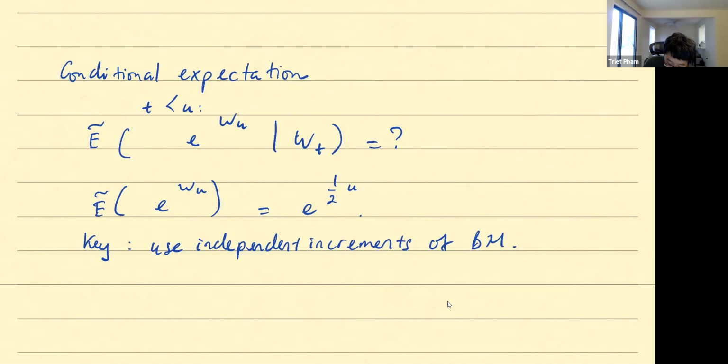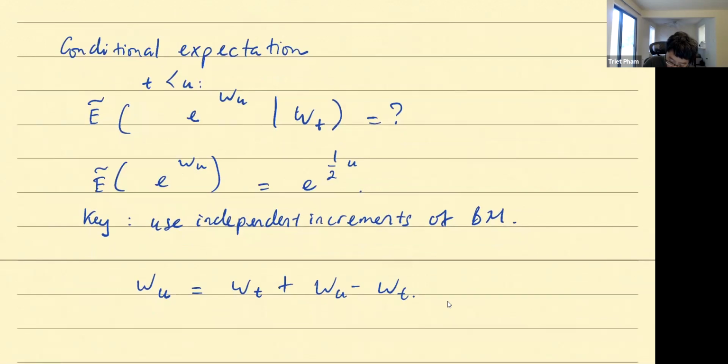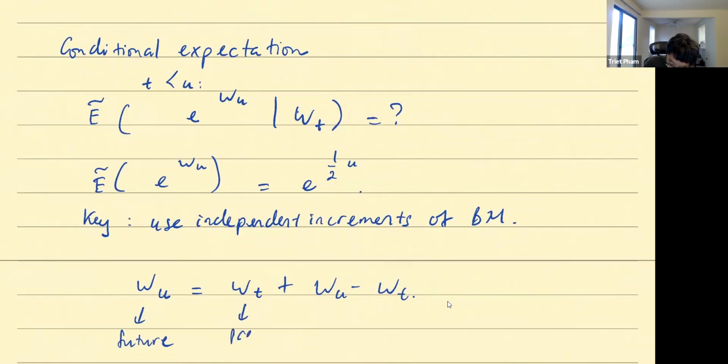That is, if you have two time variables, one less than the other, you always write the future time as the present time plus the increment. By present, I mean, because you're conditioning on it, you think of it as the present, and this is the increment.